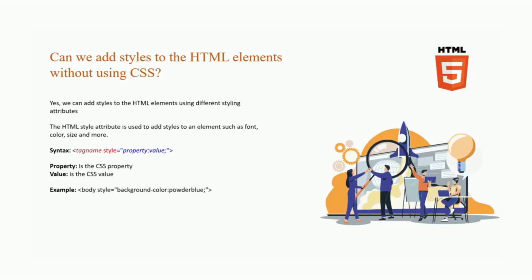SEO. Can we add styles to the HTML elements without using CSS? Yes, we can add styles to the HTML element using different styling attributes. The HTML style attribute is used to add styles to an element such as font, color, size, and many more.